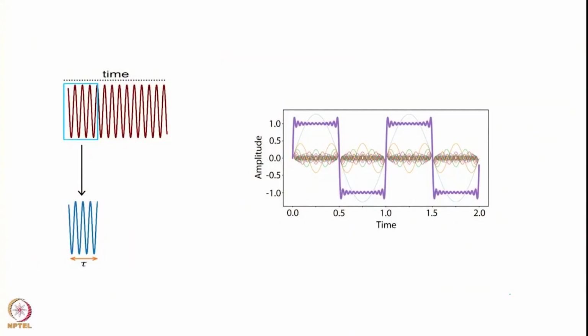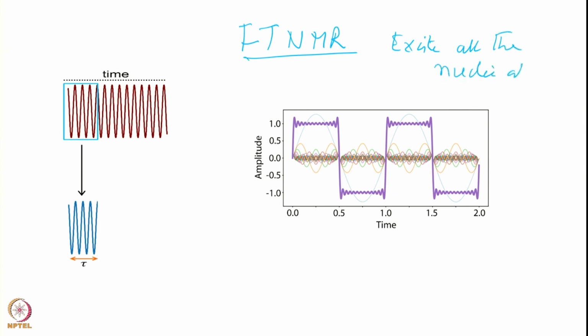The principle of Fourier transform NMR is like this: you want to excite all the nuclei at the same time. How do we do it? This is the strategy here.